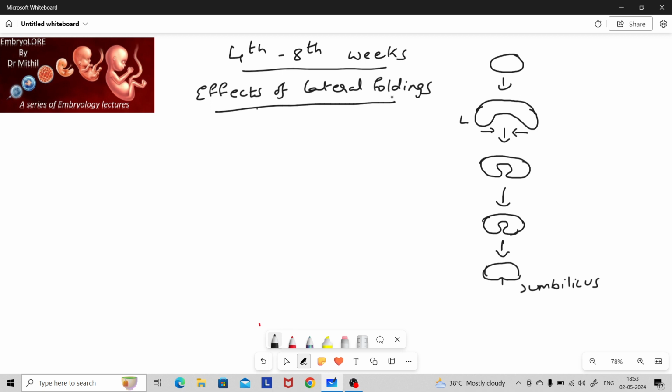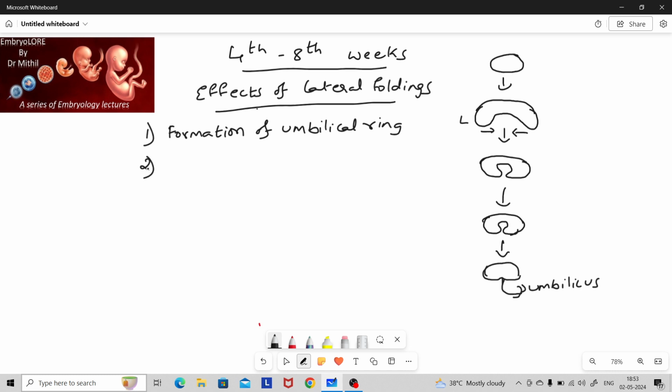In the effects of the lateral folding, first of all, the umbilical ring will be forming. So, formation of the umbilicus, the umbilical ring, as it is evident in this picture, that is the umbilicus.